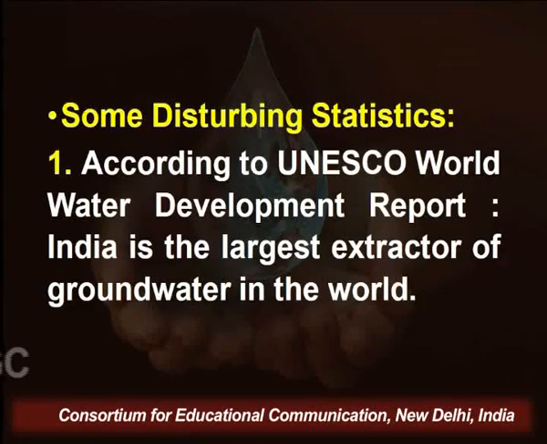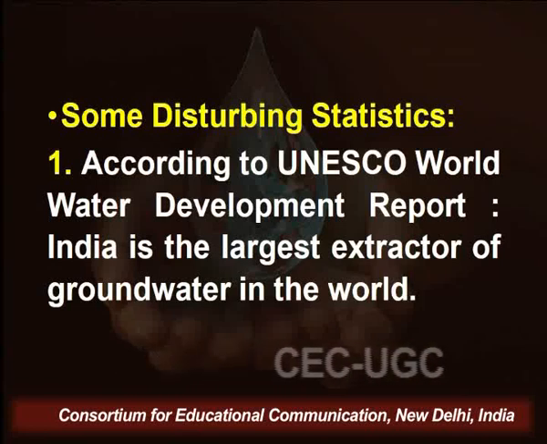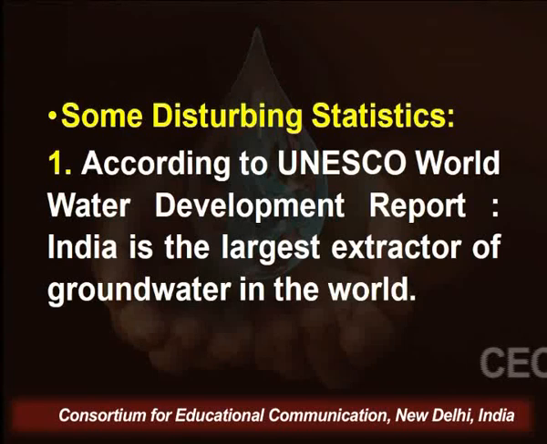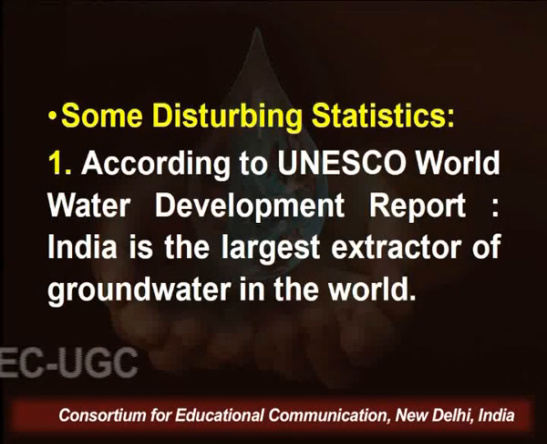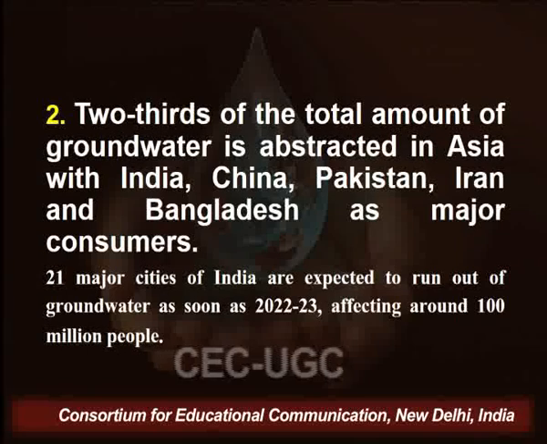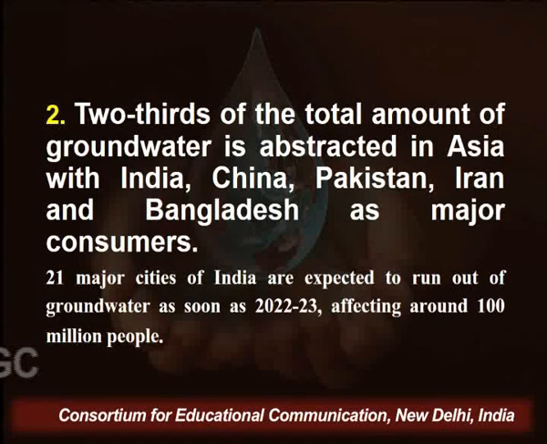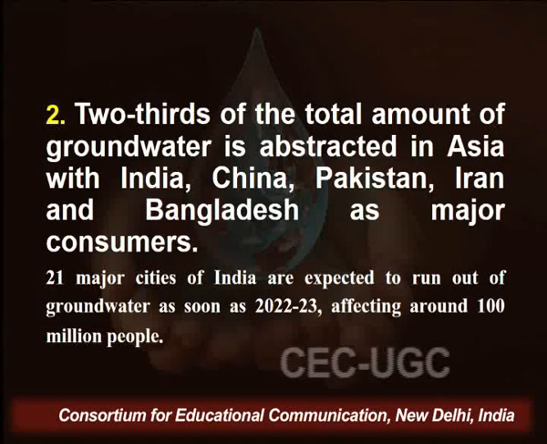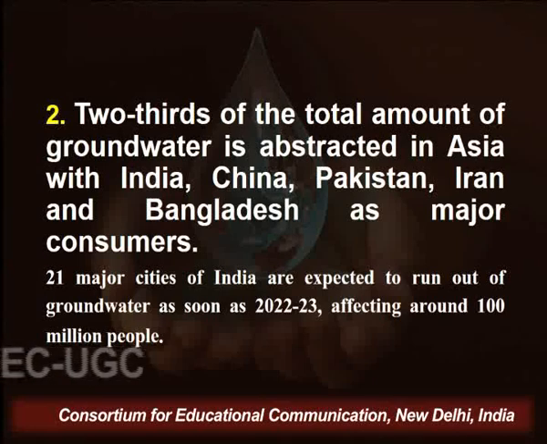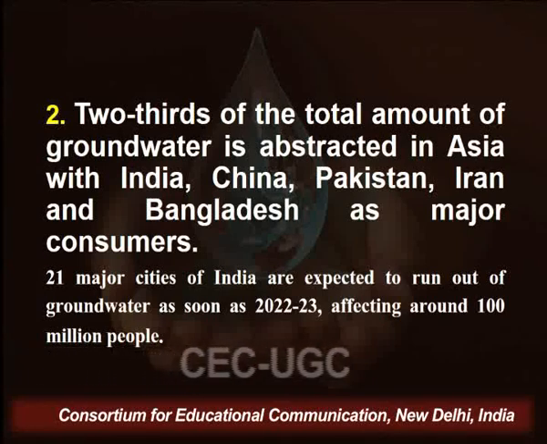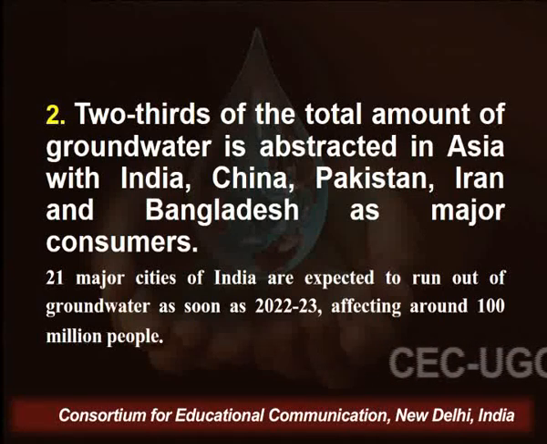Now these are some disturbing statistics which UNESCO has given about India. According to the UNESCO World Water Development Report, India is the largest extractor of groundwater in the world. Two-thirds of the total amount of groundwater is extracted in Asia, with India, China, Pakistan, Iran and Bangladesh as major consumers. 21 major cities of India are expected to run out of groundwater as soon as 2022-23.